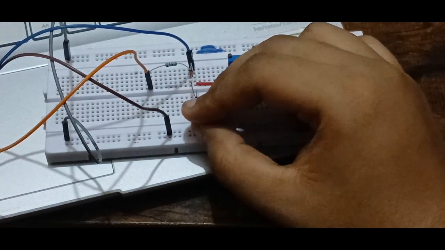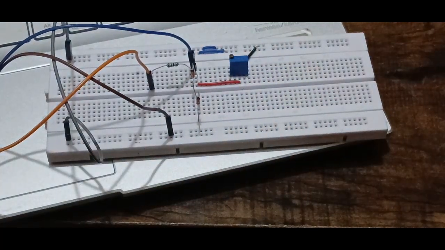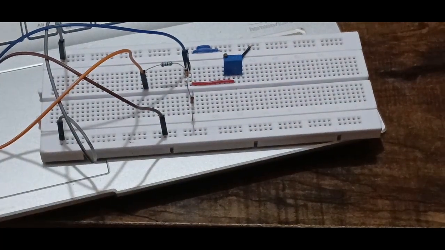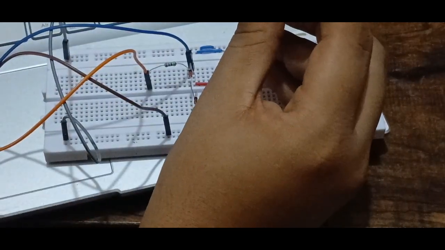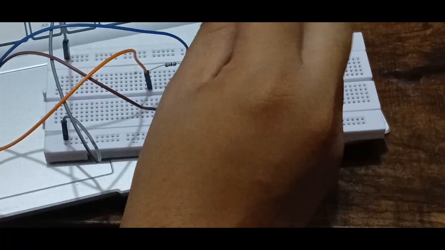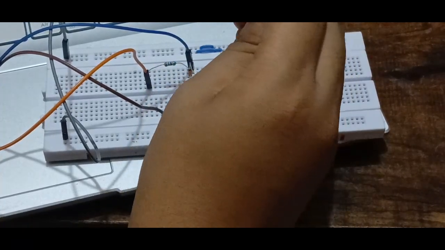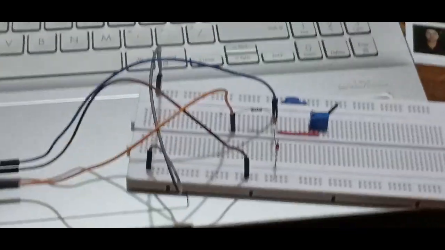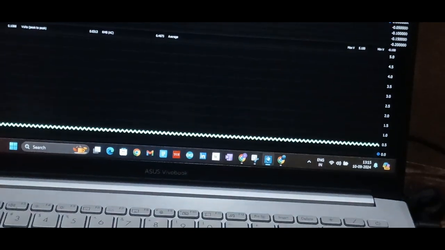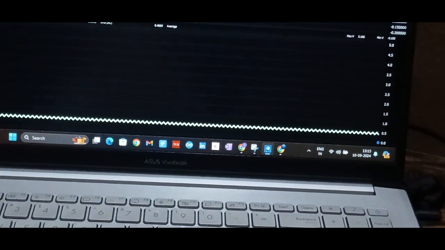Okay. So now our output is here. I'm going to vary this, increase the load resistance. This is our before.